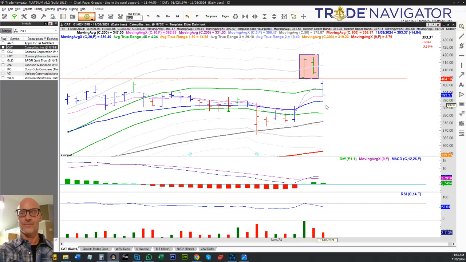So I want to see a little bit of a check back into that resistance area, just like I did on the silver trade, the AGQ double leverage silver trade. So a move back to 404.10, I'll just have to see what it looks like when it happens. That would be my shortable area, 404.10.